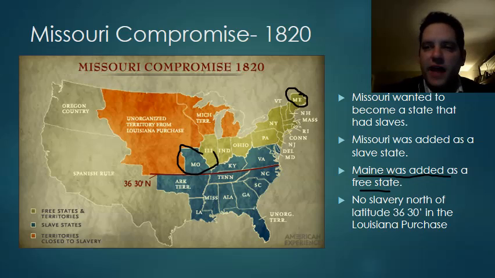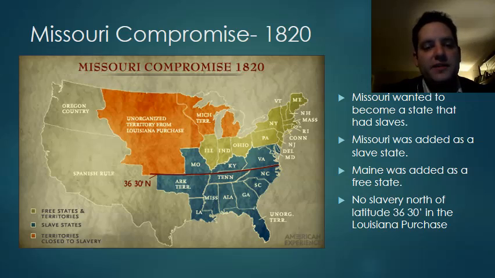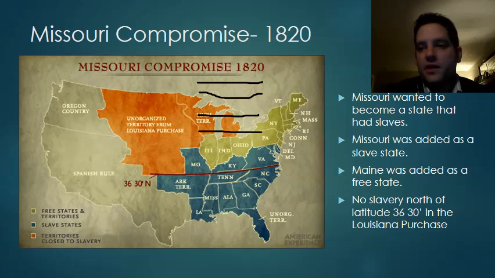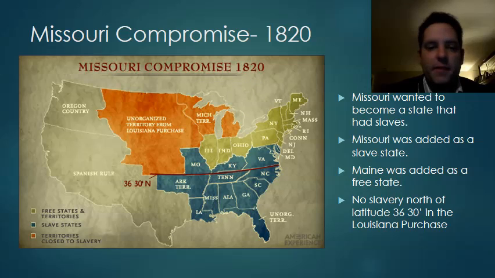And then here's the last interesting part. This is what you want to know too. There was a line drawn at 36 degrees latitude. Remember, latitude lines go like that, basically. So they decided to make a line.